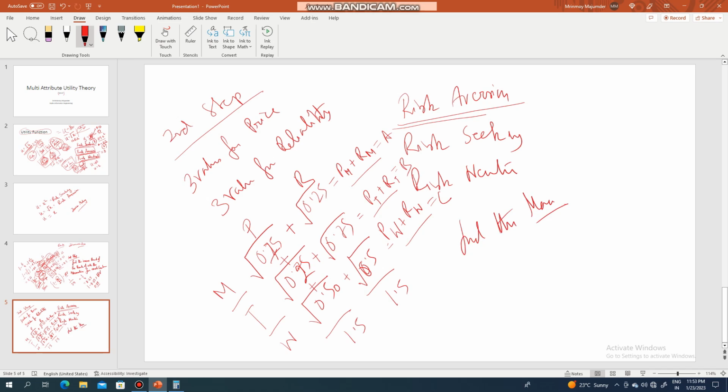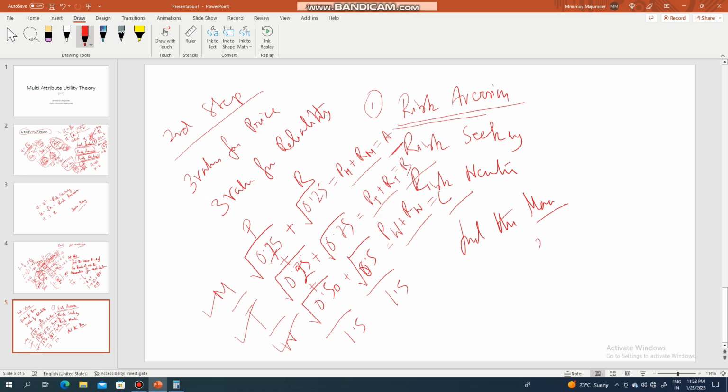If A is maximum, Maruti is the preferred choice. If B is maximum, Toyota is the preferred choice, and if C is maximum, Wagoner is your preferred choice. But it doesn't stop here. So this was second step, substep 1.